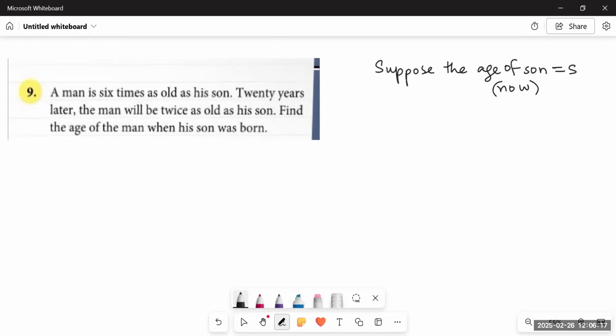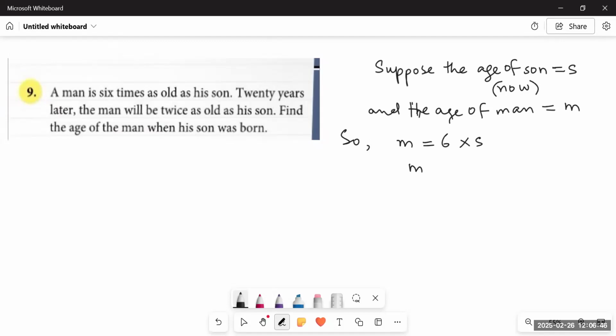Then they're saying a man is 6 times, and the age of man is equals to m. So the relation between the age of man and the age of son would be: m is 6 times as old as his son, 6 multiplied by s.